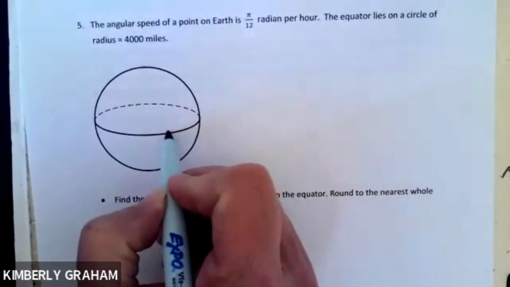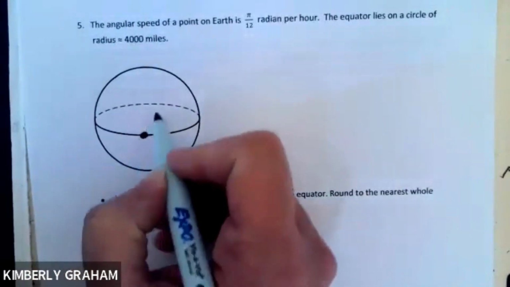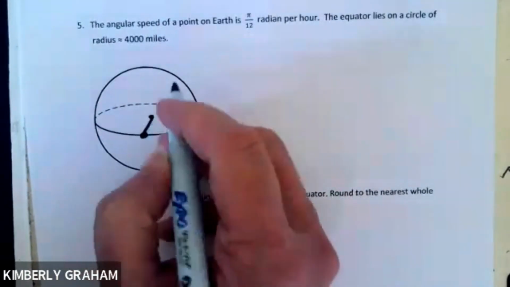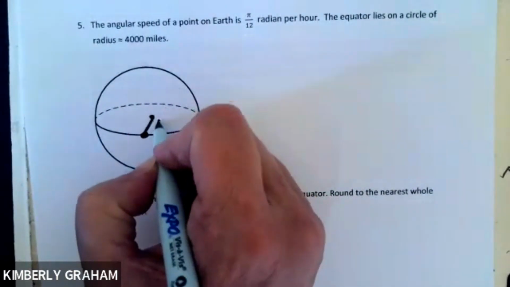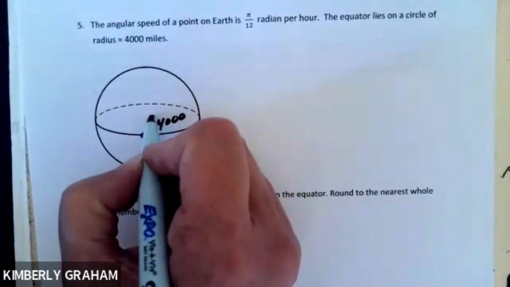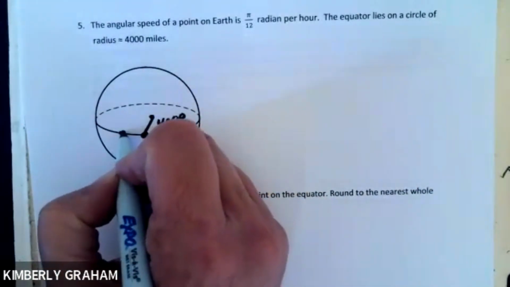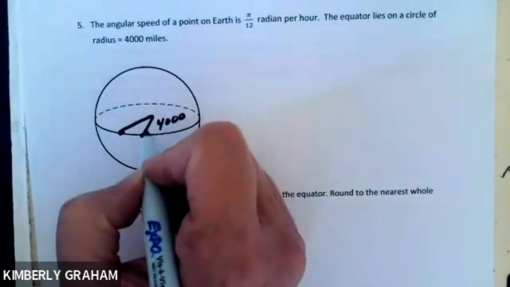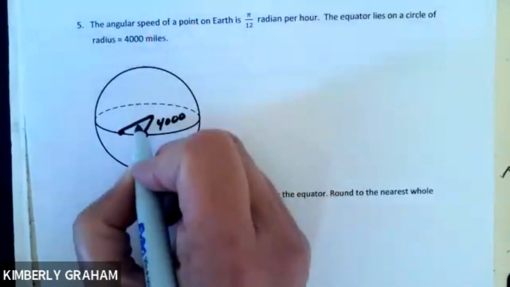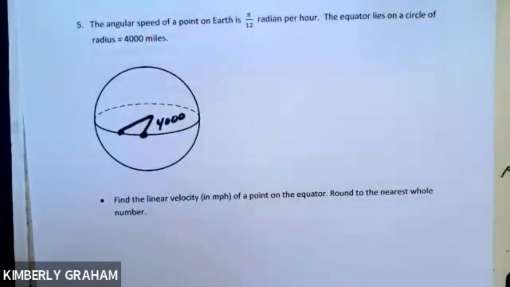So I can look at, say, this point right here, and the distance between this point and the center of the Earth is 4,000 miles. And as the Earth rotates, this point is going to rotate somewhere over here, and I'm asked to find this angle measure within that angle.